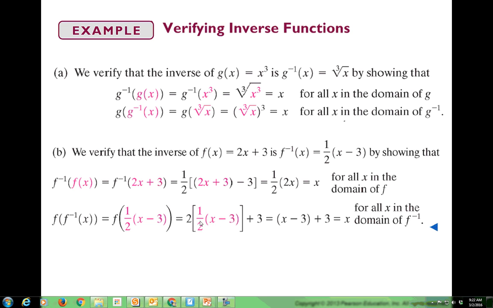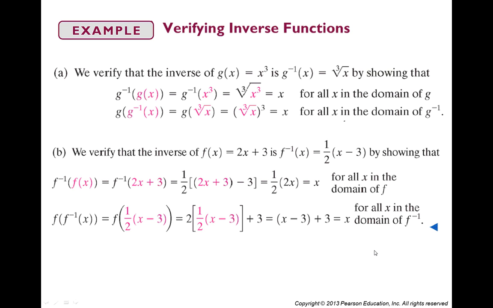Then we have 2 times (1/2 x minus 3) plus 3. So the 2 times the 1/2 gives me x minus 3. And the minus 3 and the plus 3 give me 0, and I'm just left with x.